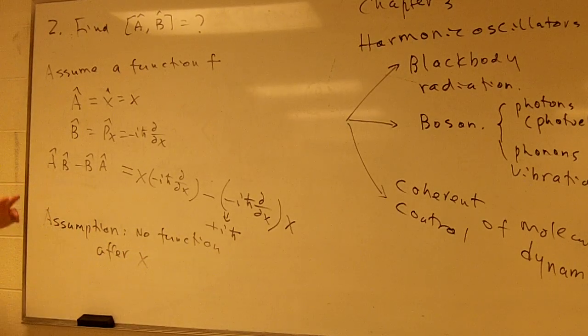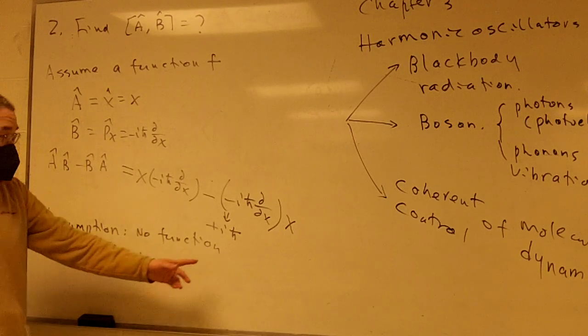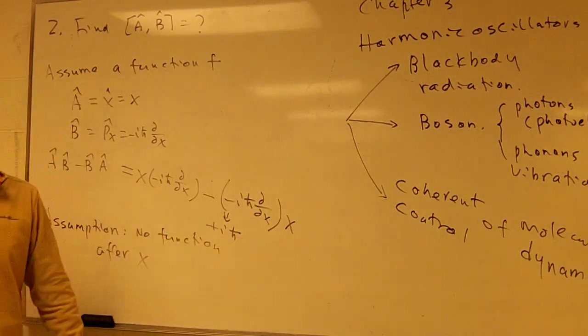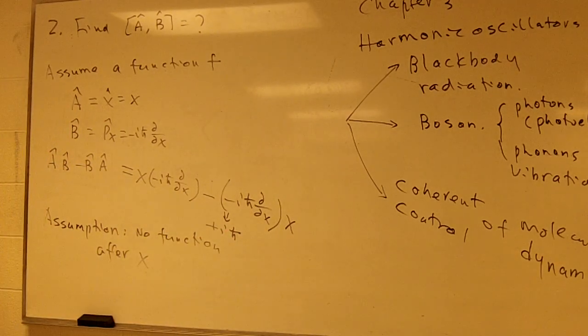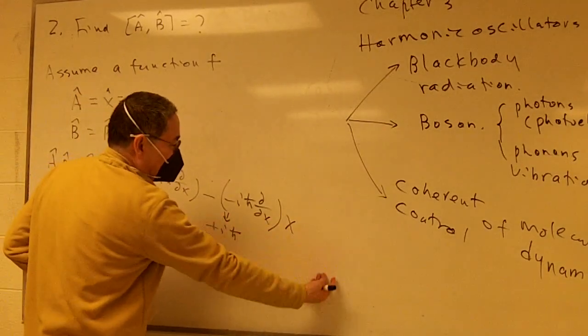In other words, if there's no function after x, you can perfectly do this without any problem because that's the only term you need to do it. So this is perfectly fine. But this is usually not true. You cannot do it like this, because this operator itself is going to apply on any function afterwards.